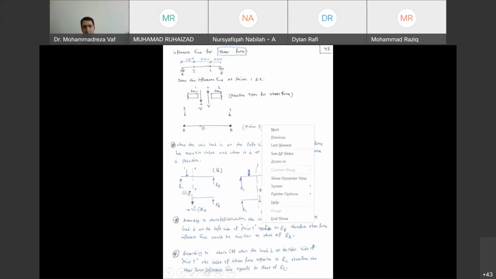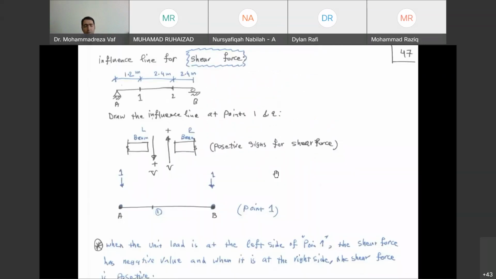Now let's see how our calculation is going to be when it comes to shear force. So the same beam that we just analyzed for the influence line of support reactions is going to be taken into account to get the shear force influence line. So this is our beam. We have put two locations, point A and point B, or point 1 and point 2.